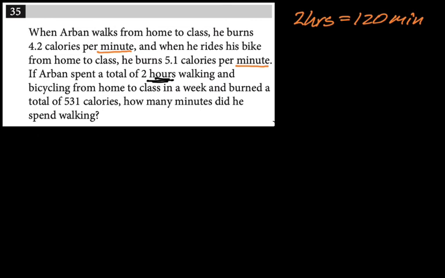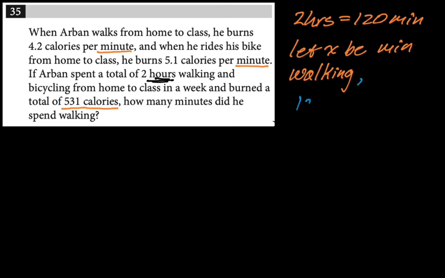All right, so how many minutes did he spend walking? I want walking to be the focus of all the math that I do. So I'm going to let X be the minutes spent walking. If X is the minutes spent walking and you spend 120 total minutes, then you must have spent 120 minus X doing the other thing, which is riding a bike in this case. So from this, we can get an equation, right?